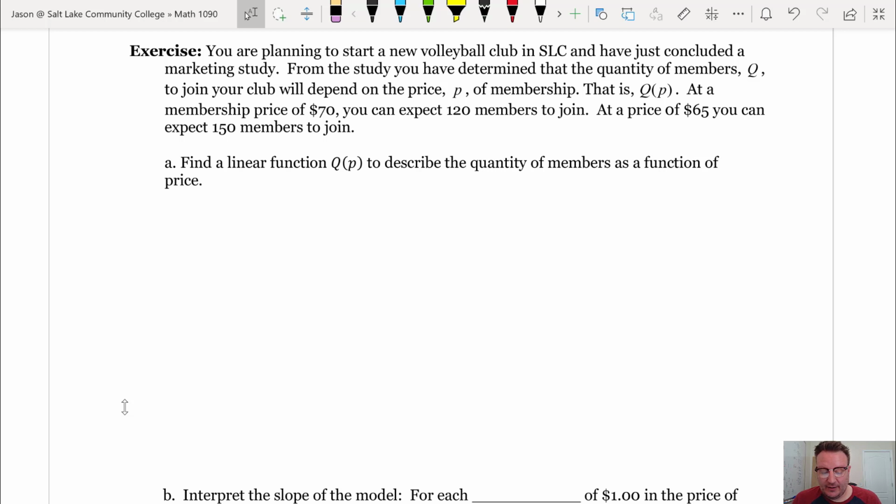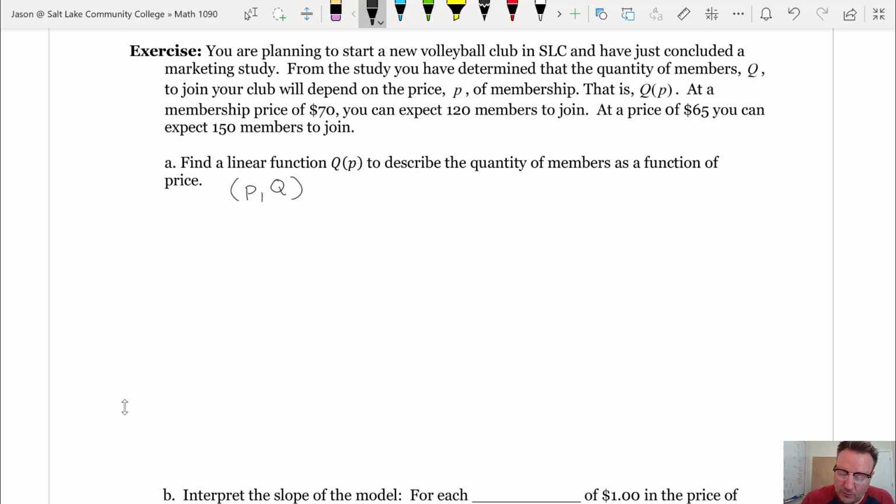Let's see here. Find a linear function Q of P to describe the quantity of members as a function of price. So we need to use the 2 data points they gave us. Our data points are going to have this form because P is the independent variable and Q depends on it. Our points will have the form P, comma, Q. So they're going to be a price and a quantity.